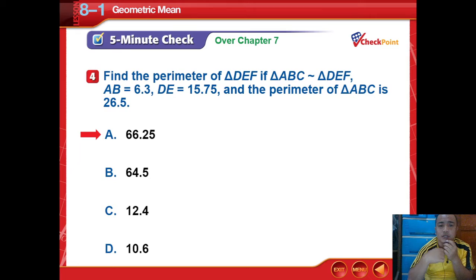Answer is 66.25. 6.3 over 15.75 is equal to 26.25 over x. From that, you can solve for the perimeter of triangle DEF.